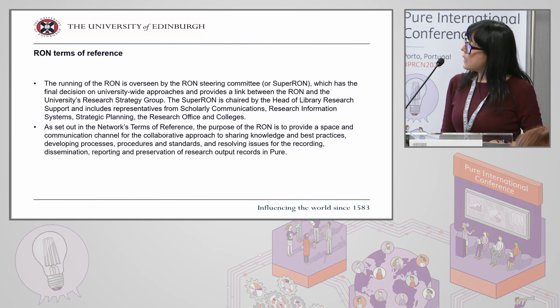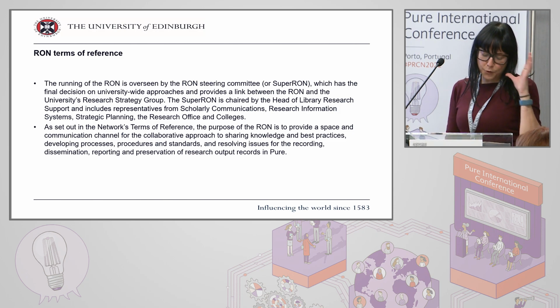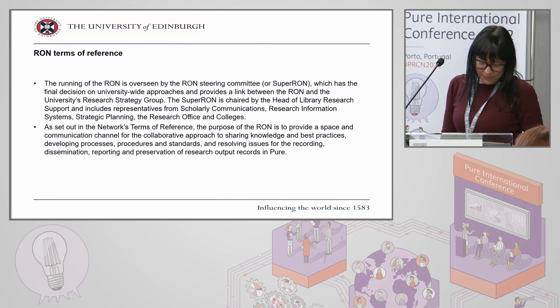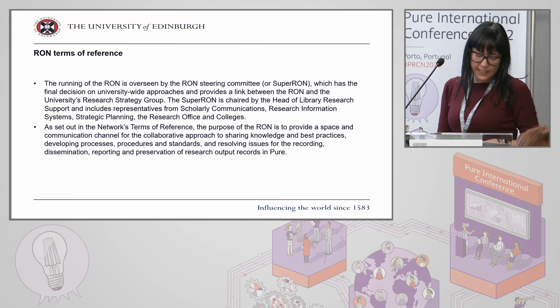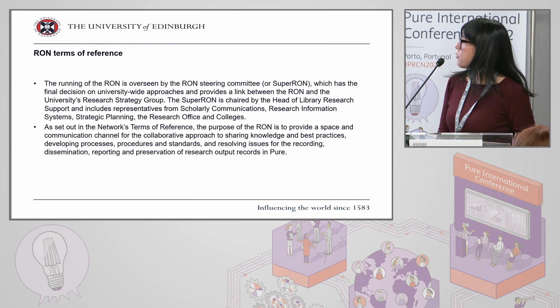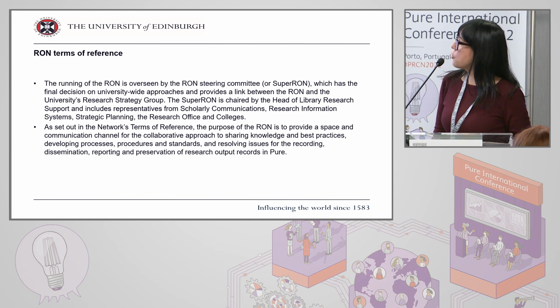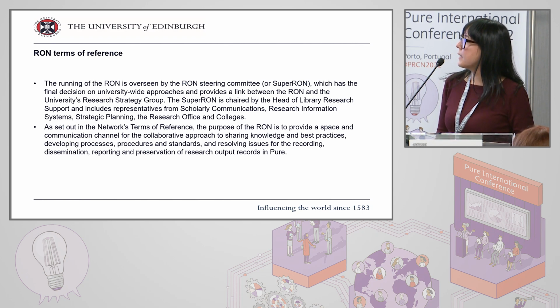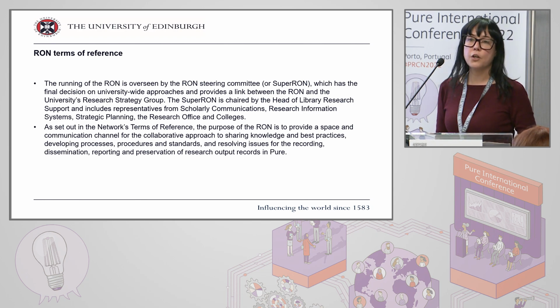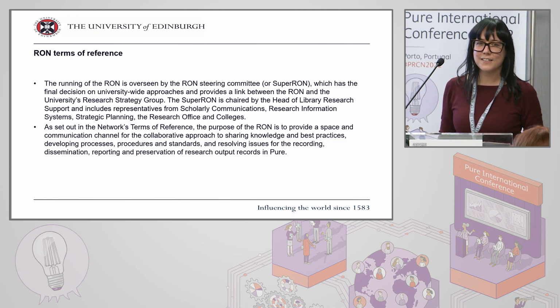The running of the RUN is overseen by the Super RUN, this steering committee. And we have the final decision on university-wide approaches. It is chaired by the head of library research support, and also has representatives from scholarly communications, research information systems, strategic planning, research offices and colleges. It's quite crowded.